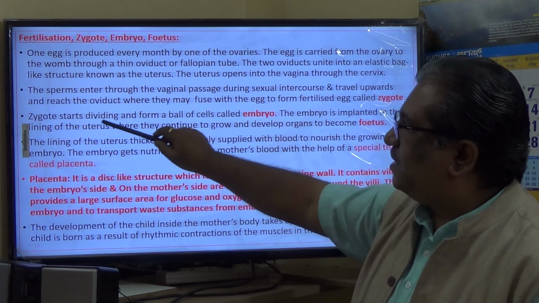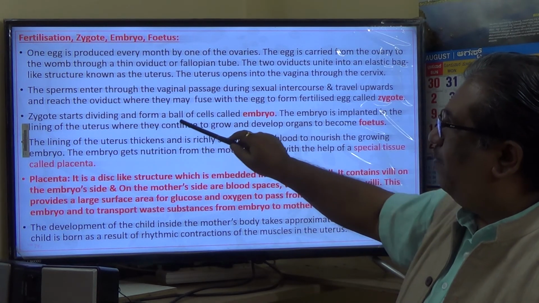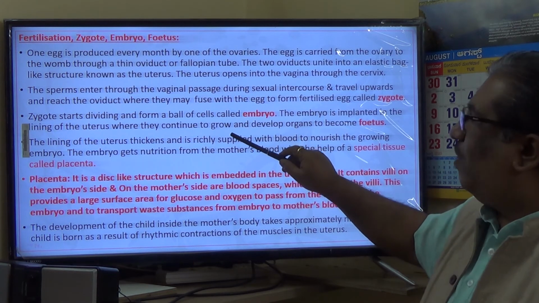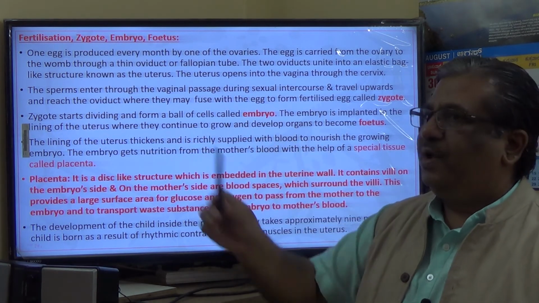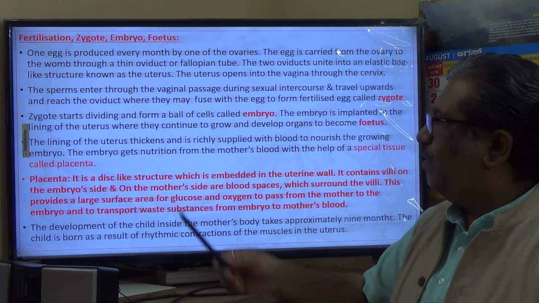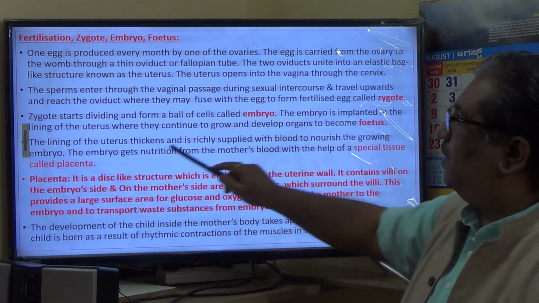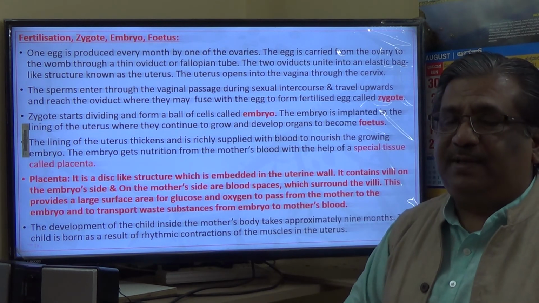Then zygote starts dividing and forms a ball of cells, a mass called embryo. Simply you can say zygote divides several times to form an embryo. The embryo is implanted in the lining of the uterus. See, important.